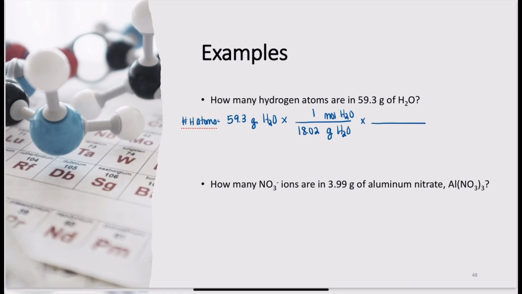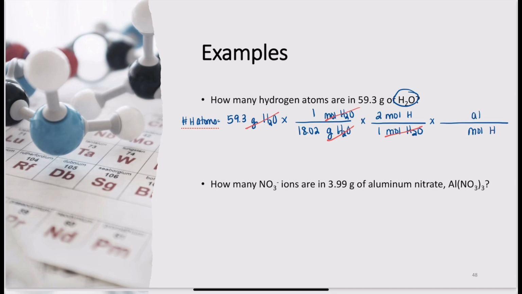I don't want to convert to atoms, though, because this would give me atoms of water. I want atoms of hydrogen. I look at the formula here, and I see that there are 2 moles of hydrogen for every 1 mole of H2O. Let's cancel out my grams of water. Let's cancel out my moles of water. Now I've got moles of hydrogen, which is perfect. I don't want moles, though.